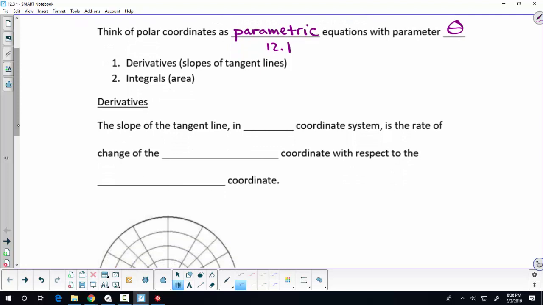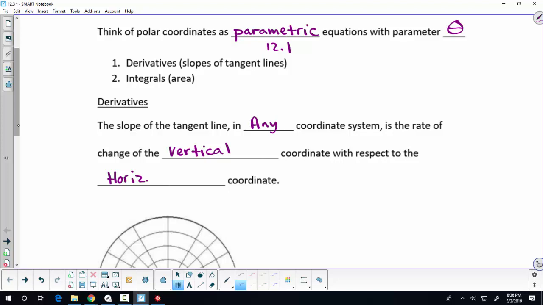And so the derivative in any coordinate system, as we saw in 12.1, is the rate of change of the vertical coordinate with respect to the horizontal coordinate. That took a slight variation in 12.1 because we had a parameter t: it was dy over dt, the vertical change, divided by dx over dt, the horizontal change.